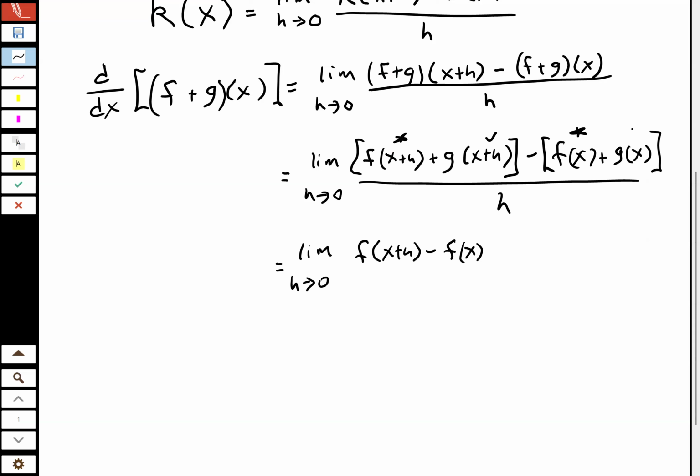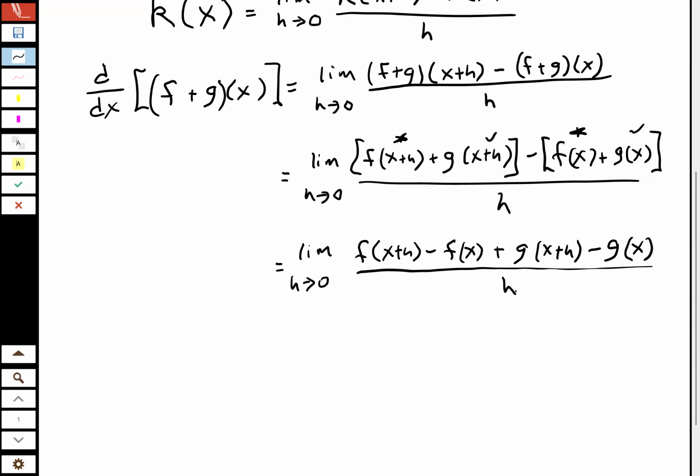Likewise, I can link together this g of x plus h, and then a minus, I'm thinking of distributing that negative, minus g of x. So I've taken these terms and I've rearranged them so that way we have f and g together.